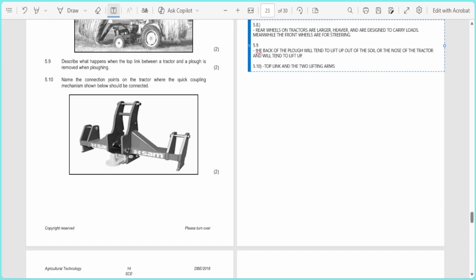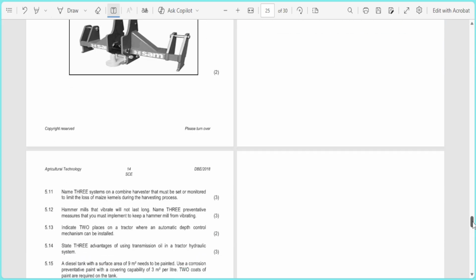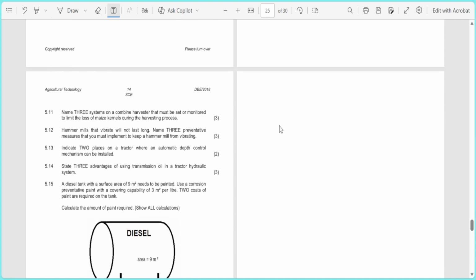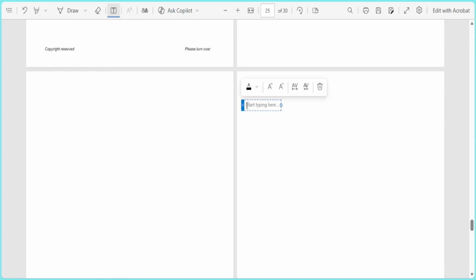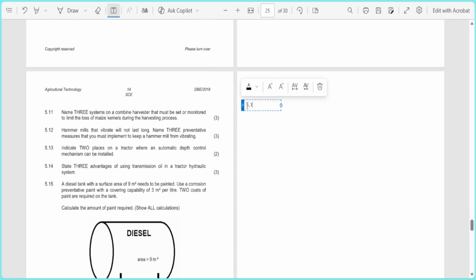I believe this is the last question. Of course not. Yeah, question 5, I think it's the longest question on this paper. So name 3 systems on a combine harvester that must be set or monitored to limit the loss of maize kernels during the harvesting process.